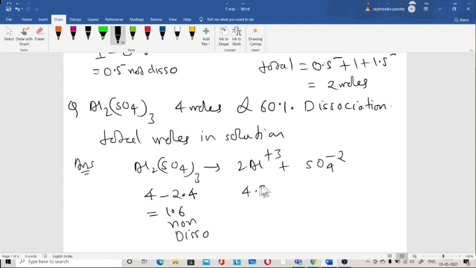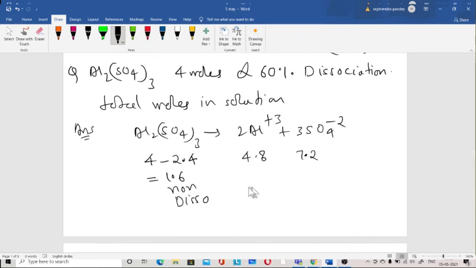Then 2.4 will give 3 times of this, so 3 times 2.4 is 7.2. Now you have to find the total: 1.6 plus 4.8 plus 7.2, so that will be 13.6.